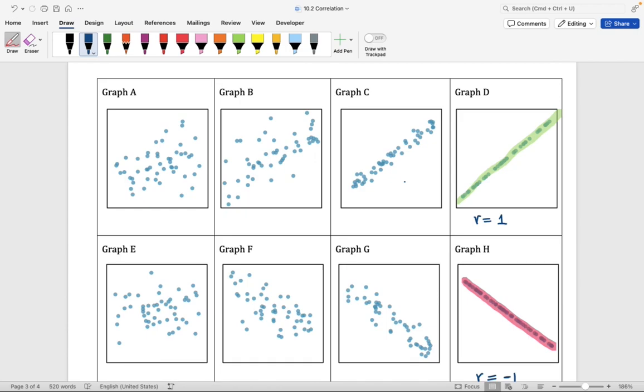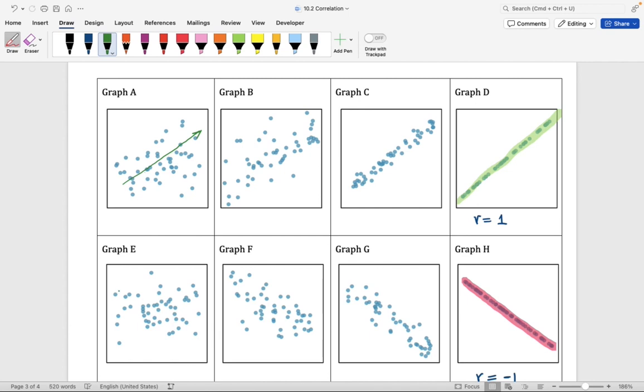Now, I'm going to look at graph A and graph E. I'm starting with these graphs because I see a bigger spread, so I'm expecting that correlation coefficient to be closer to 0. Here in graph A, notice we do see a linear relationship. We do see that as X increases, the Y values increase overall. In graph E, we see a bigger spread.